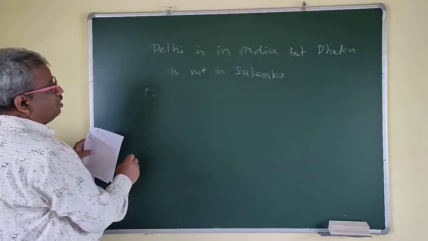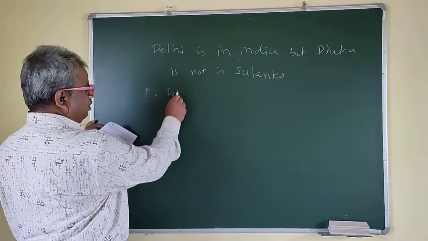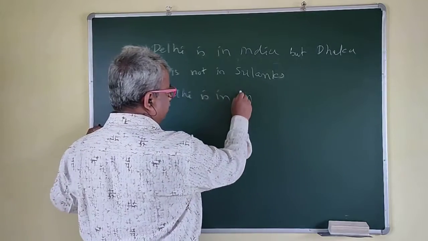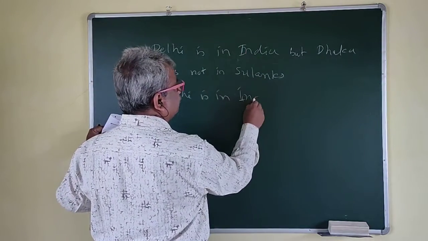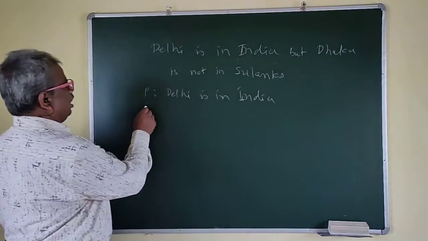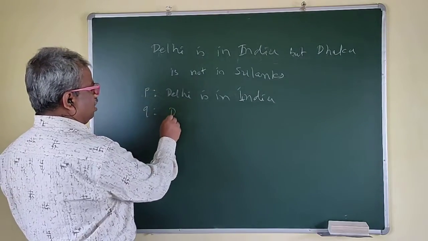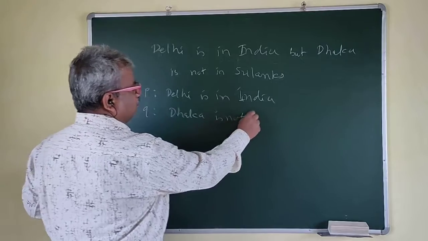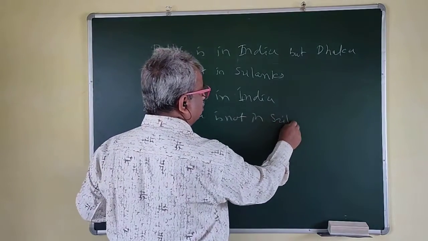What is your P? P: Delhi is in India. And Q is what? Dhaka is not in Sri Lanka.